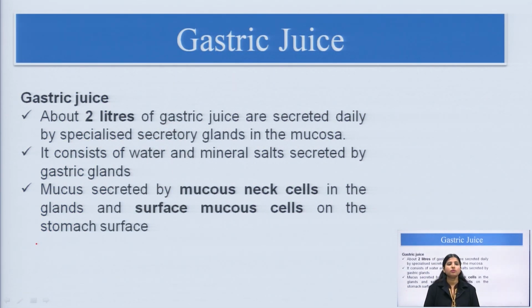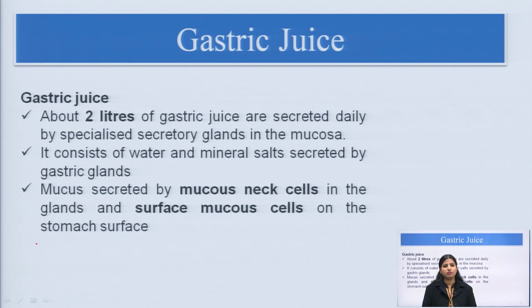About 2 liters of gastric juice is secreted daily by specialized secretory glands, and these glands are present in the mucosa lining. The gastric juice consists of water and mineral salts.